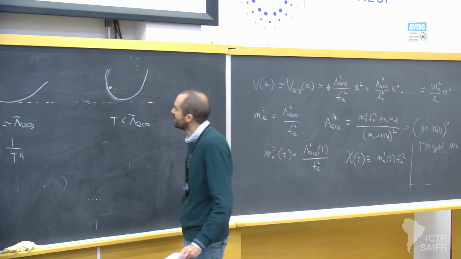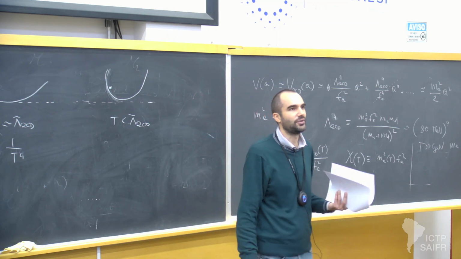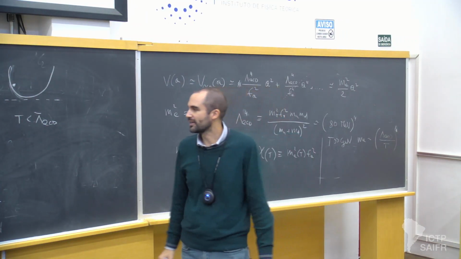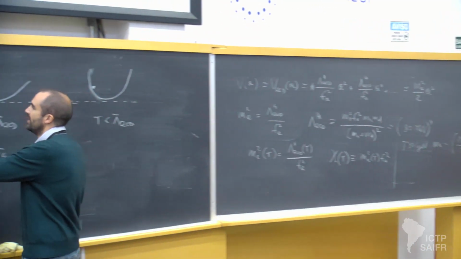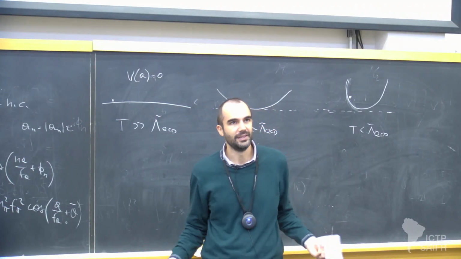And so here you see that you even have a good excuse to expect the axion to be misaligned from the minimum, right? Because at very early times, at high energy, there is no axion potential. So the axion could be anywhere.